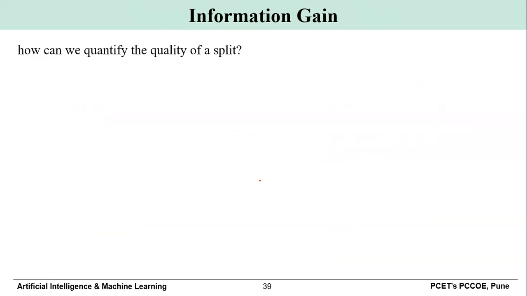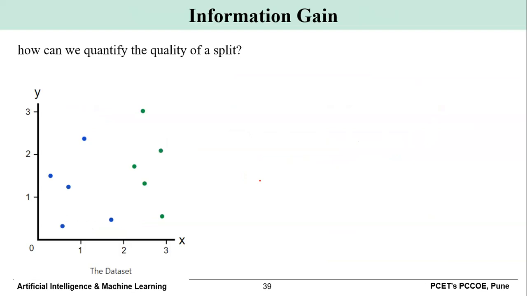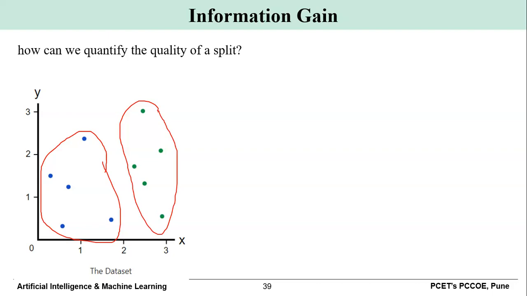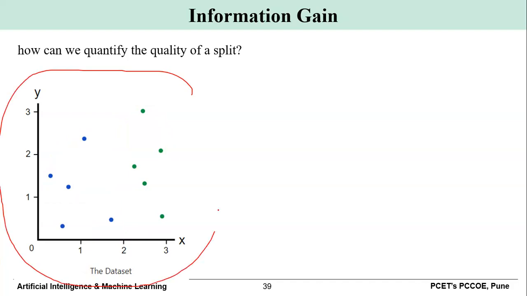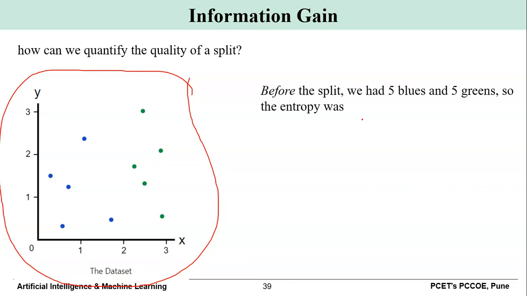Now we again go back to our previous problem. Here you can see 5 blue dots and 5 green dots, and now we will try to understand the significance of entropy value and information gain for this particular example. Initially, when there is no split, just like this graph as it is, we have 5 blue dots and 5 green dots.